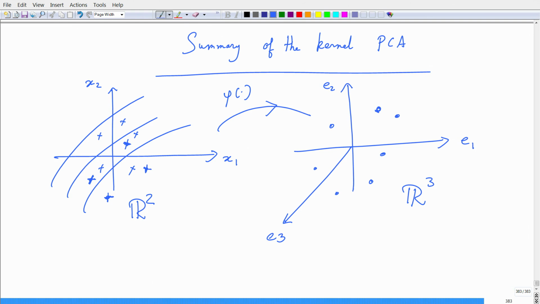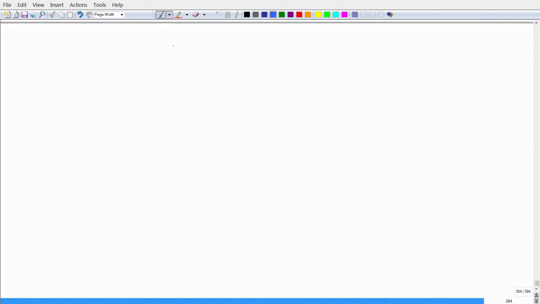Let us say I have a nonlinear transformation that takes me from a 2-dimensional space to a 3-dimensional space, and in the 3-dimensional space I do this eigen decomposition and I have my representation in this form. Right. So, here are the steps that we need. This is like the algorithm for the kernel PCA.